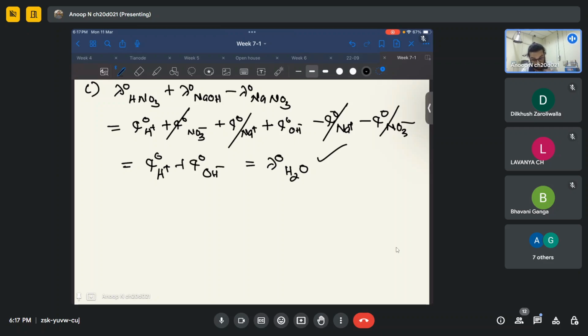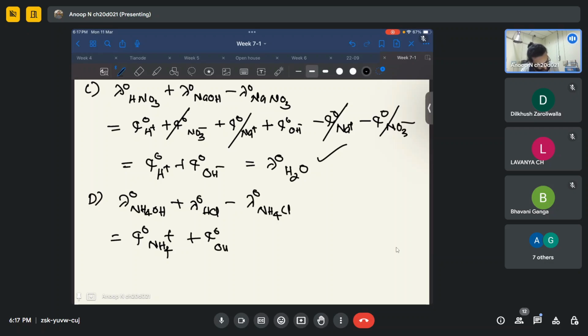So what is the next option? D is lambda 0 NH4OH plus lambda 0 HCl minus lambda 0 NH4Cl. How can I write it? L0 NH4 plus plus L0 OH minus plus L0 H plus plus L0 Cl minus minus L0 NH4 plus minus L0 Cl minus.